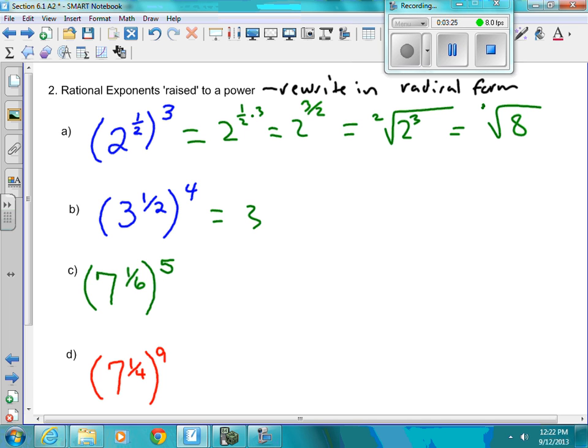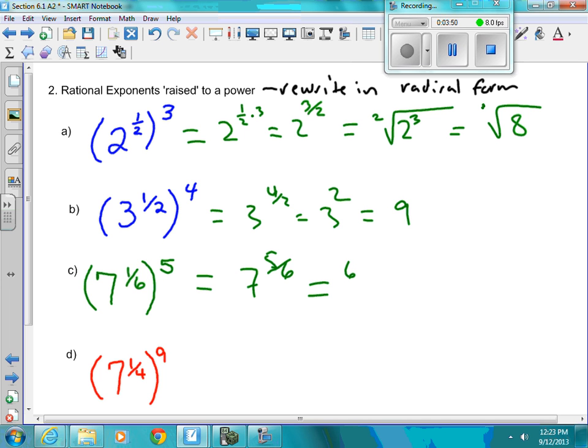This one would be 3 to the 4/2 power, or 3 squared, because we can reduce that fraction. No need to put it in radical form. It's just 9. 3 squared is 9. 7 to the 1/6, to the 5th power would be 7 to the 5/6 power.